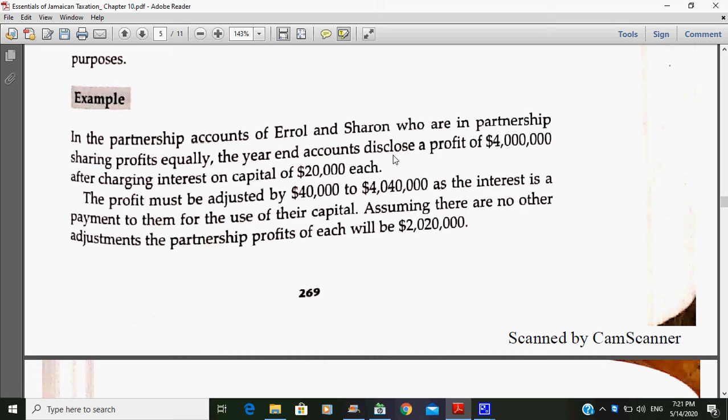Now it is said that if that is done, it must be added back to the profit for taxation purposes. So the profit must be adjusted by 40,000 to 4,040,000, because it's 20,000 each, as the interest is a payment to them for the use of their capital. Assuming there are no other adjustments, the partnership profits of each will be 2,020,000.